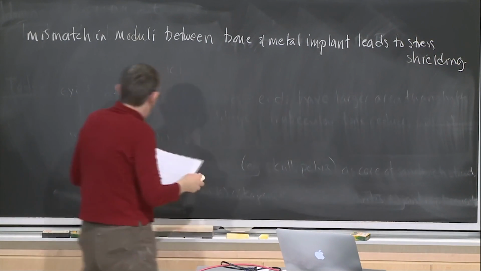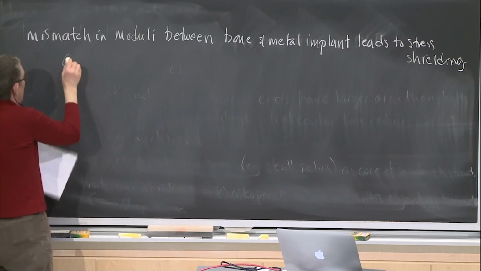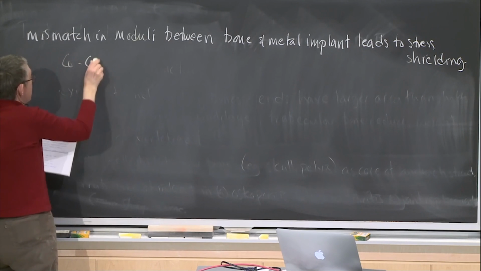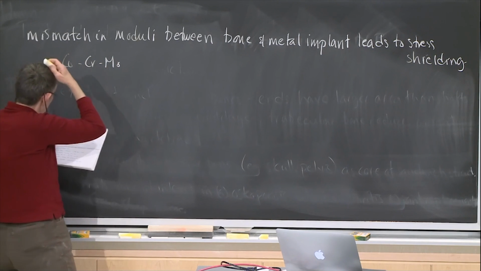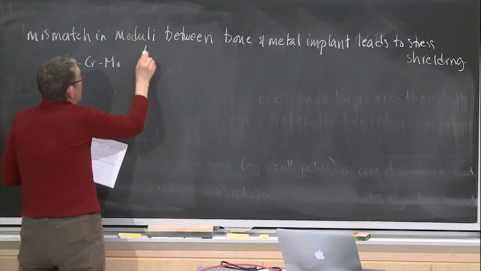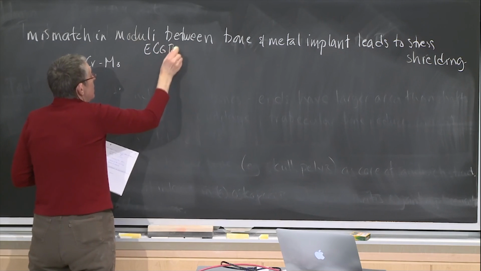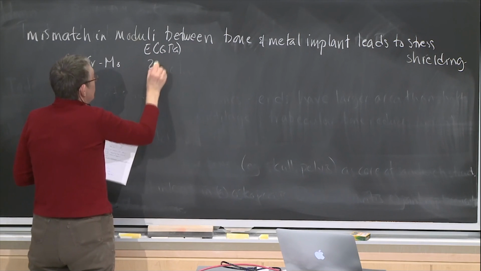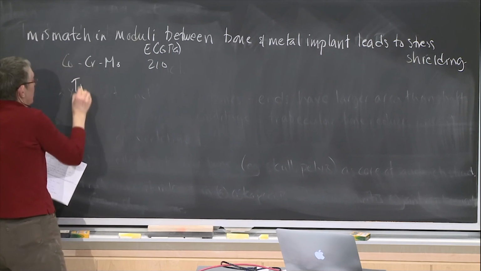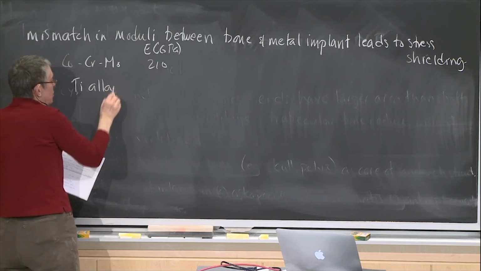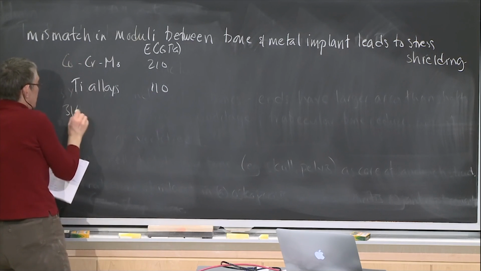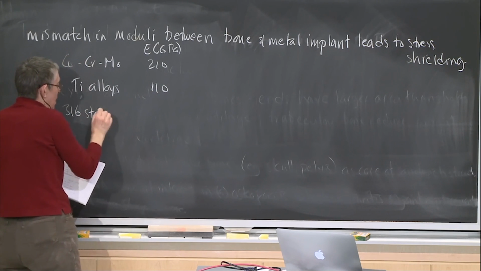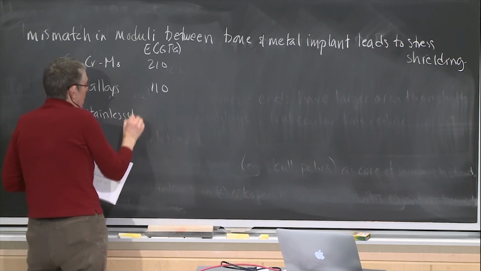So you can get stress shielding, and if we look at the cobalt chromium alloy, the modulus of that in gigapascals is about 210. If we look at the titanium alloys that are used, the modulus is about 110. If we look at the stainless steel, it's 316 stainless steel.